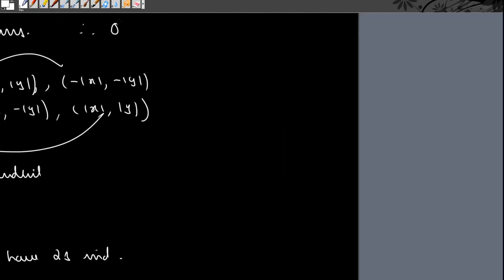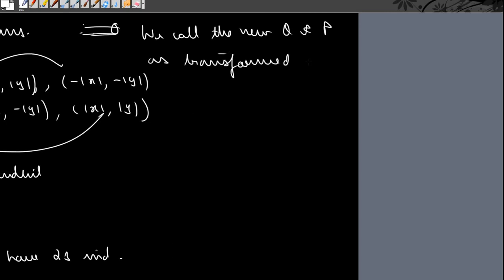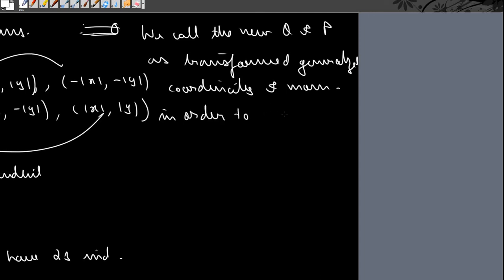Therefore, we call the new Q and P the transformed generalized coordinates and momentum, in order to define the new h dash and Hamilton's equations.